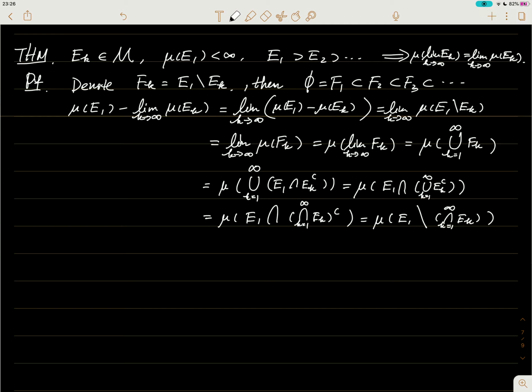But remember that these sets are decreasing. So that's why this is just a subset of that. And that's why we can rewrite this as just the mu of E1 minus the mu of this intersection.